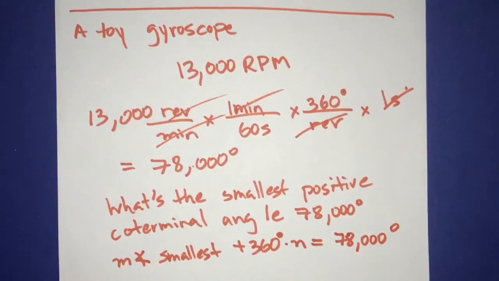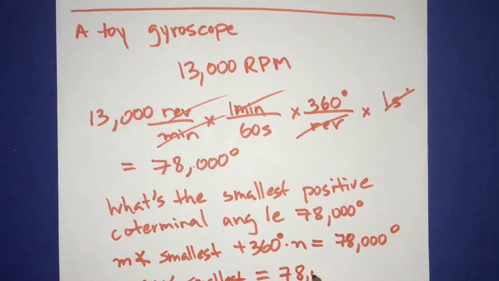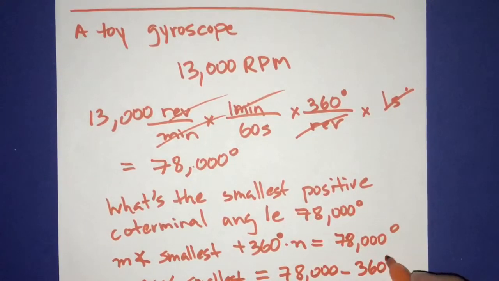Okay. So here we see that the measure of the smallest positive angle is just going to equal 78,000 minus 360 degrees times the integer multiple. Okay, but here's how we're going to be able to solve it. Let's go ahead and take a look at what this has to be.